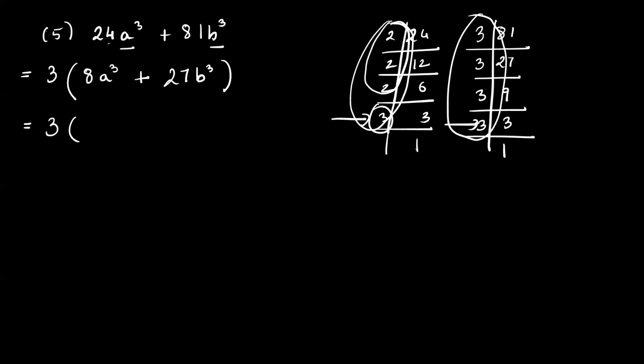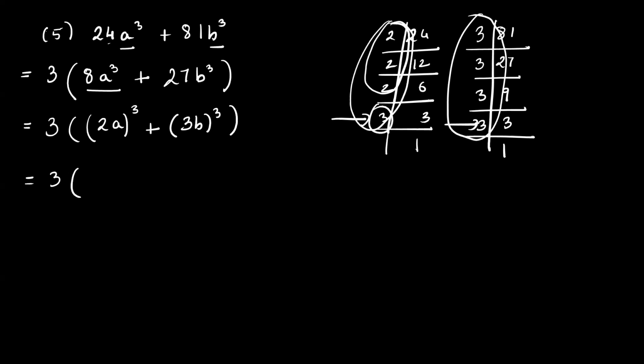Acha. But for a cube plus b cube, there should be whole cube here. So can you tell me 8 किसका cube है? 2a, the whole cube. And 27 plus किसका cube है? 3b, the whole cube. Correct? तो मुझे बताओ अब a की जगह पे क्या है? 2a.